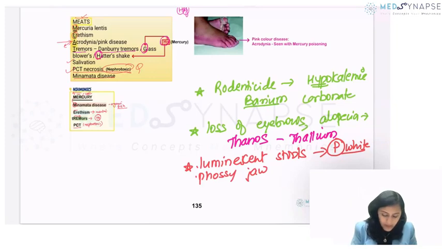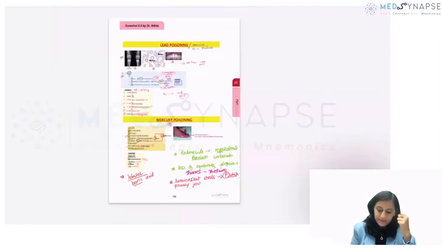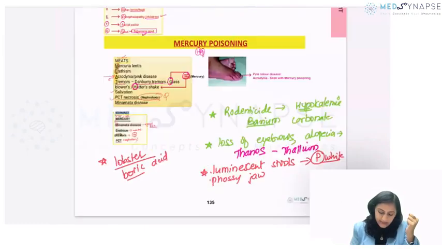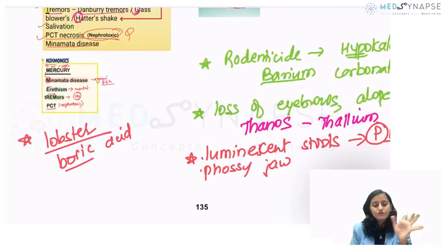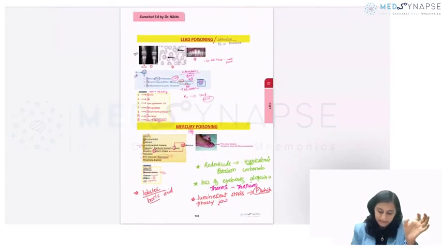And where do you have a lobster-like hand? Lobster, very good. That is boric acid. So you can remember boric acid boils lobster is what you will get with boric acid. Boils, boric is boil.